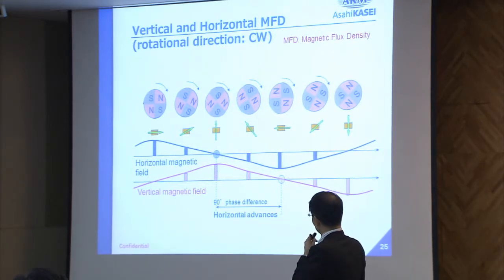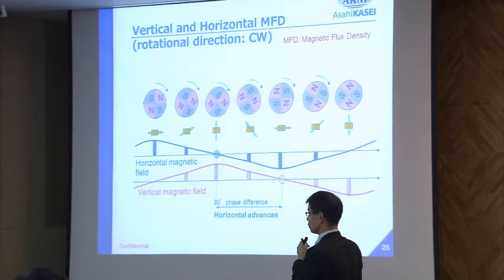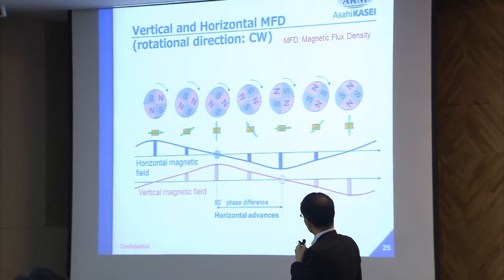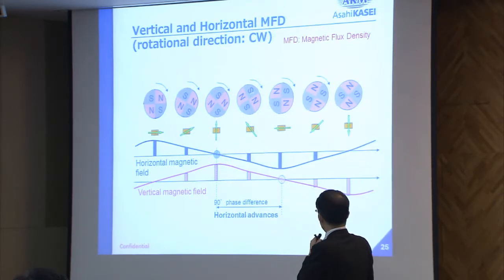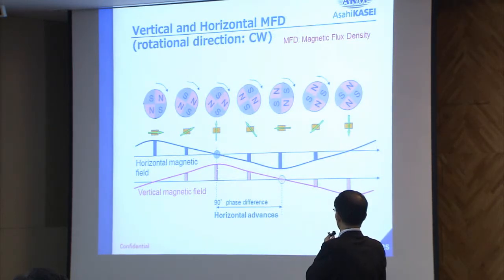This is the magnet, and this is the Hall sensor. In here, the horizontal magnetic intensity is maximum, and the vertical magnetic intensity is 0. And here, the vertical magnetic intensity from S4 is maximum, and the horizontal intensity is 0.